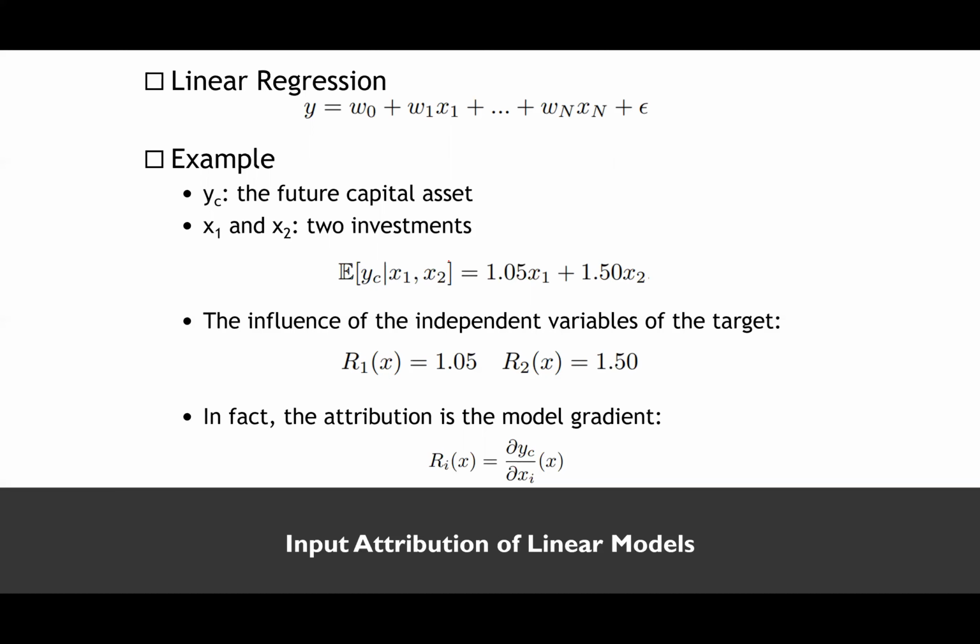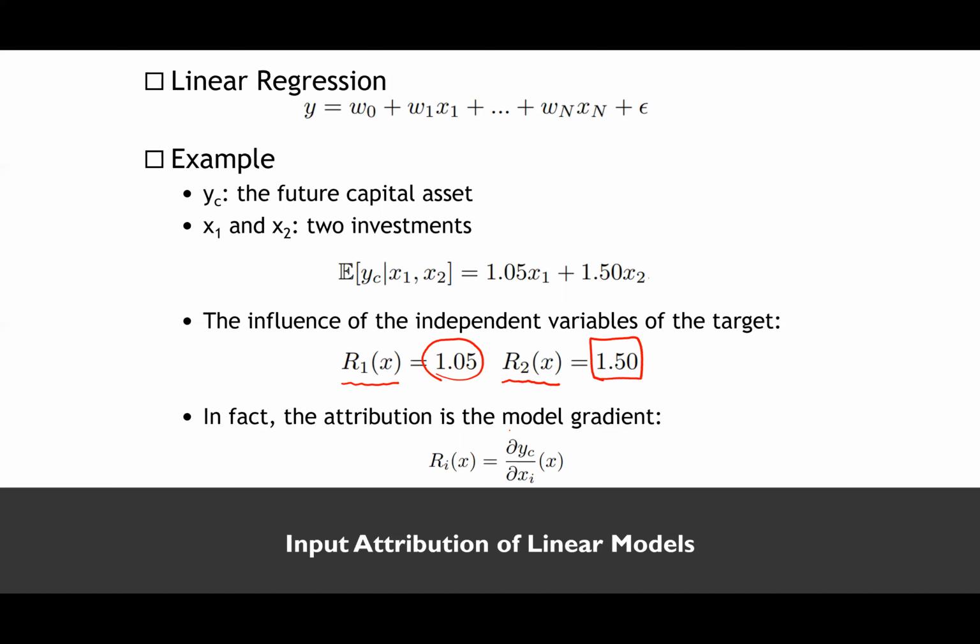The influence of the independent variables on the target can be written as the influence, relevance score, or attribution. For the first one it will be 0.05, and for the second one 1.50.